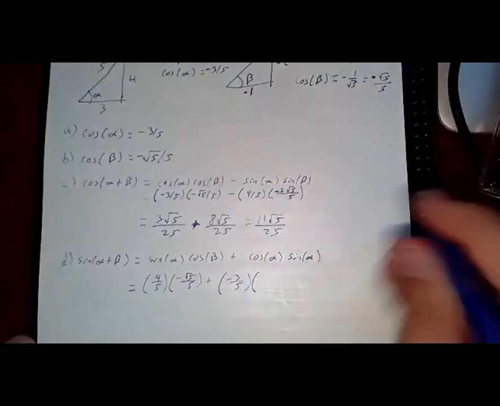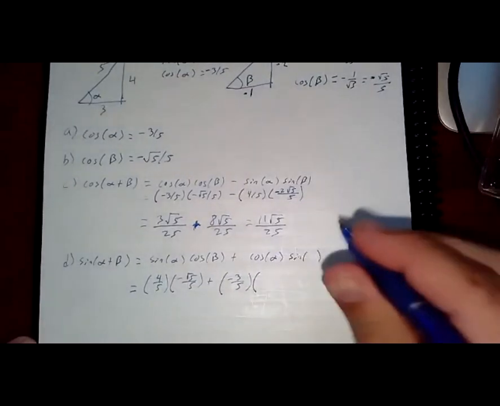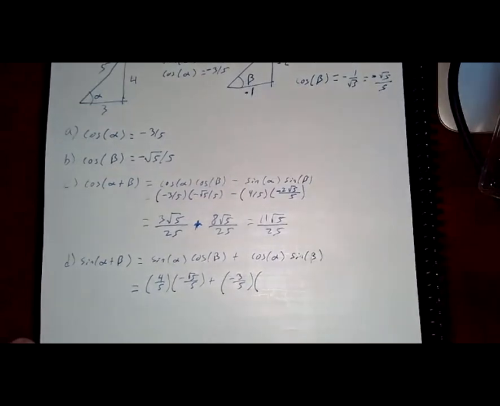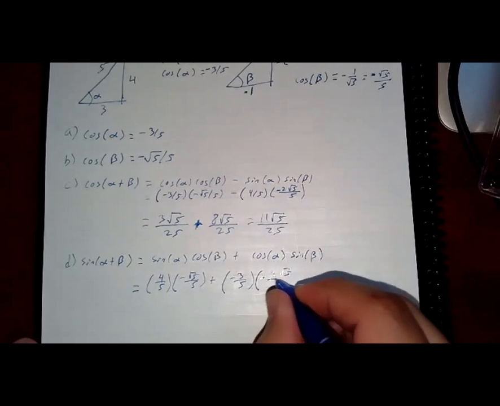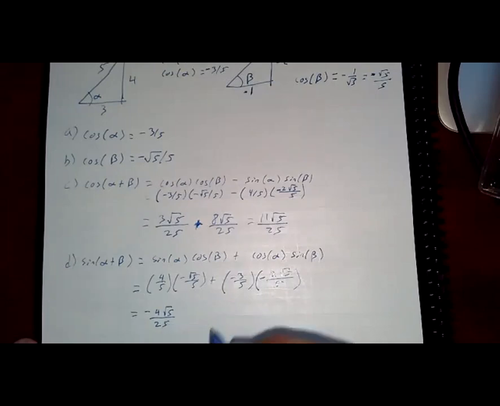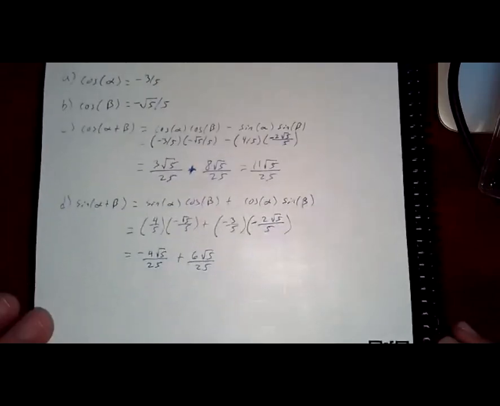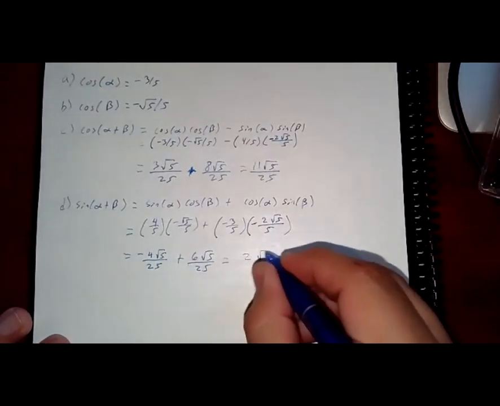It should end in beta, not another alpha. That doesn't make sense. This is wrong. Beta. So sine beta will be -2 root 5 over 5. So -4 root 5 over 25 plus 6 root 5 over 25. So -4 of those plus 6 of those is 2.